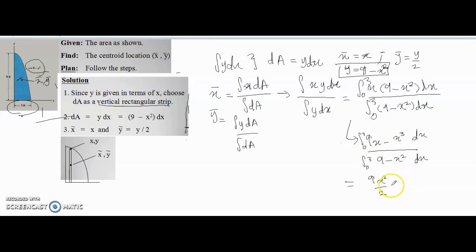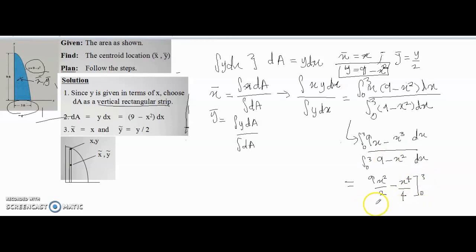For the x cubed term, when you remove the dx into x, you add up the power: 3 becomes 4, and then over the number 4. We want to integrate from 0 to 3.